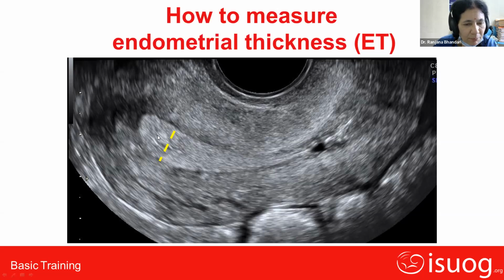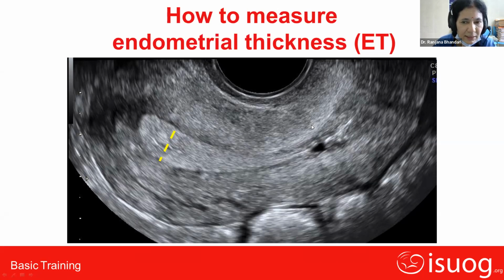Fifth and most important, the subendometrial halo should never be included in the endometrial thickness, because the subendometrial halo is a part of myometrium. It is not a part of endometrium. So these 5 things are very important.